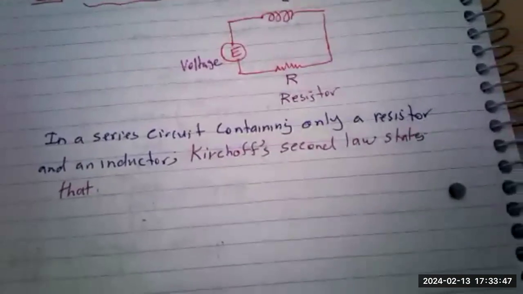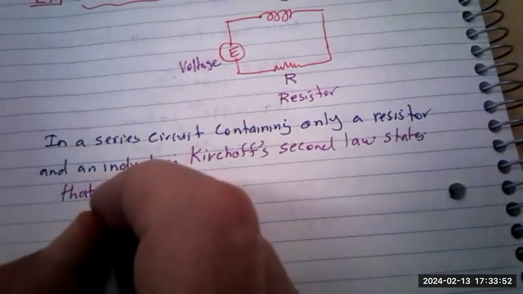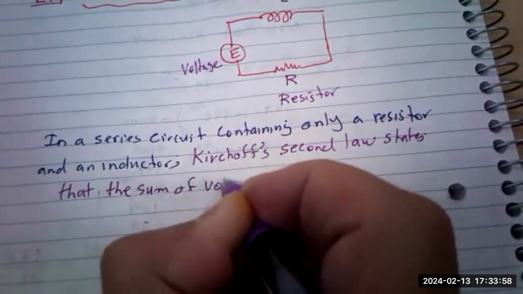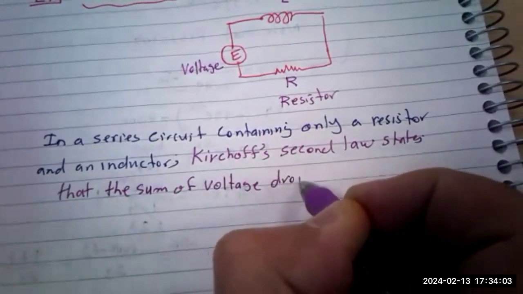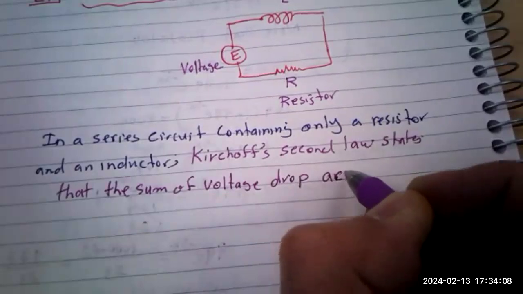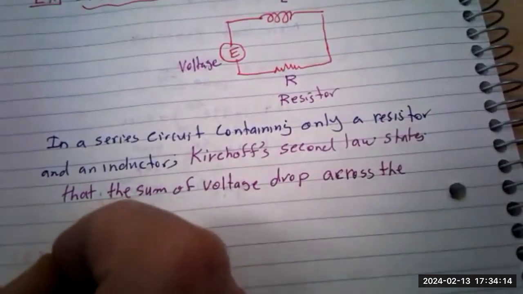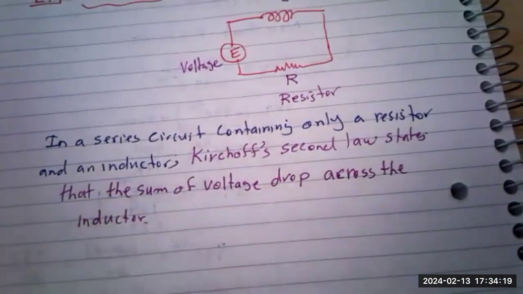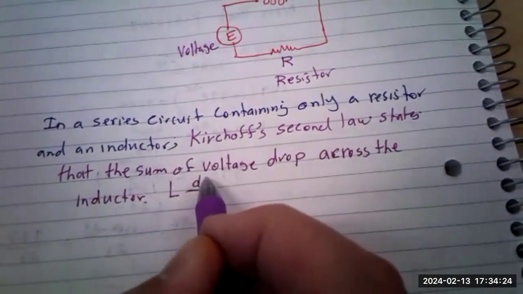The law states that the sum of voltage, the sum of voltage drop plus the inductor, they denoted by L times di dt.